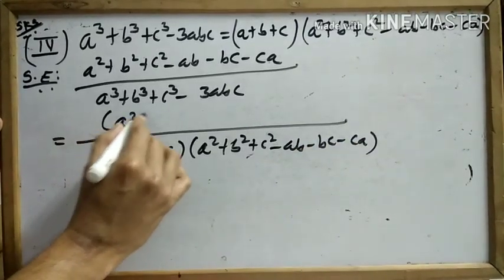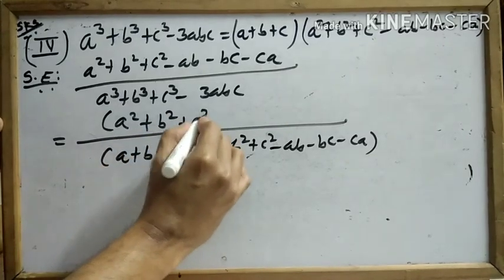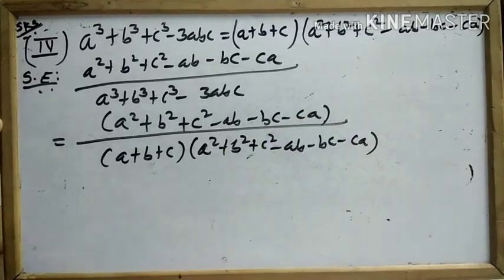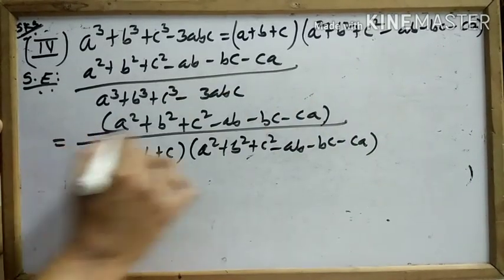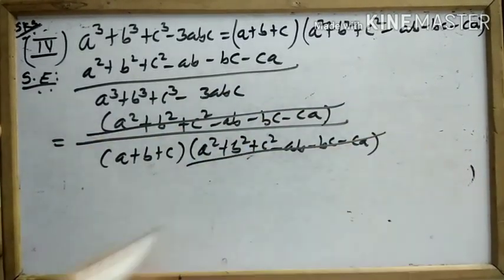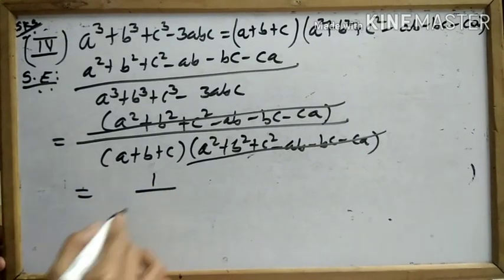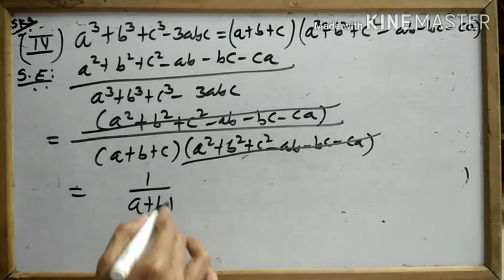And I am just copying down the numerator as it is. If you understand this very well, this entire thing will get cancelled because they are similar terms. So what is left in the numerator is nothing else but 1 and in the denominator a plus b plus c.